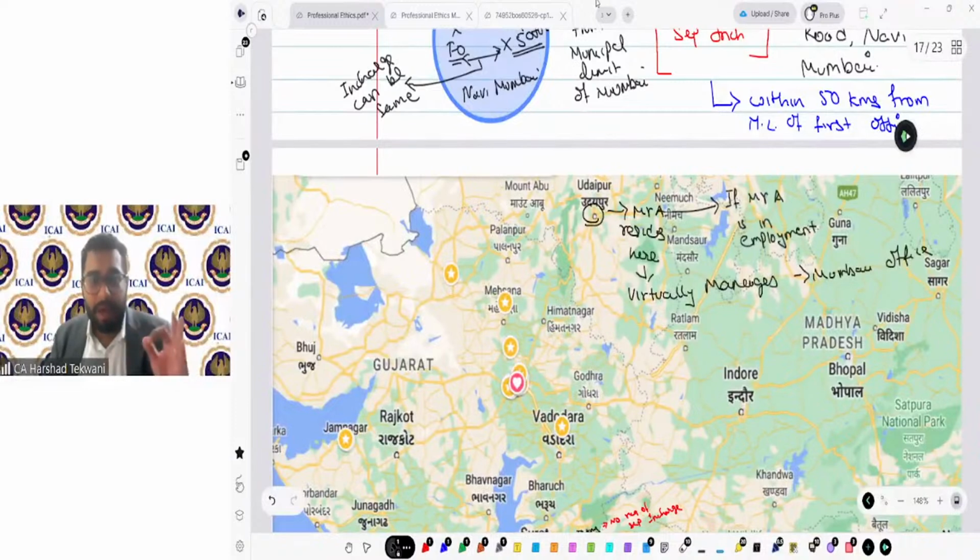Any doubt, guys? Any doubt? I think, Shankar, I have responded to that one, that I need to calculate kilometers once the city's municipal limits end, not from the head office or from the first office.